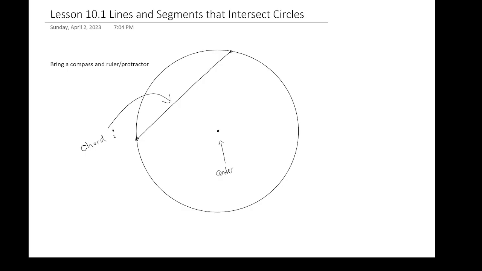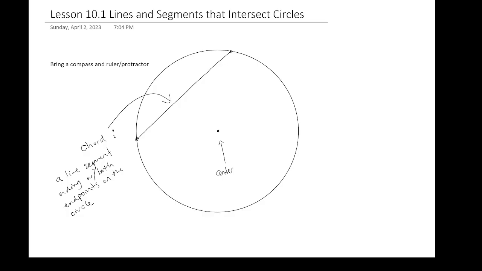So a chord, mathematically, is defined as a line segment, right? Because line segments terminate. They have two endpoints, with both of those endpoints on the circle, right? This, for example, right there, that's a point on the circle, okay?